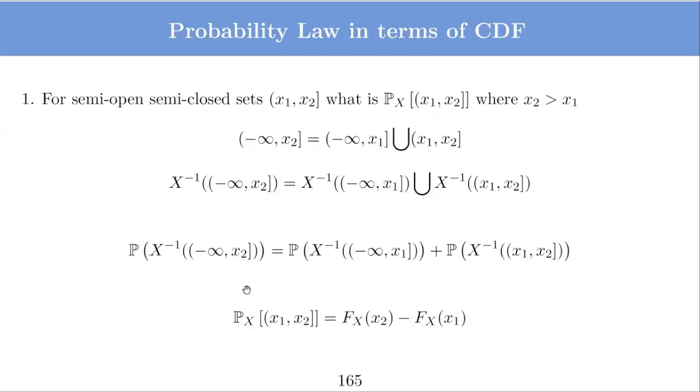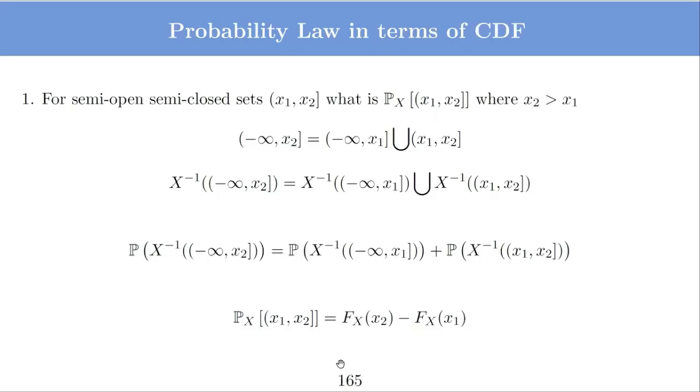So this is nothing but Fx, the CDF of X calculated at x2. This is the CDF of X calculated at x1, and this is the probability which we want to calculate. So you can say Fx at x2 is equal to Fx at x1 plus the probability law on (x1, x2].